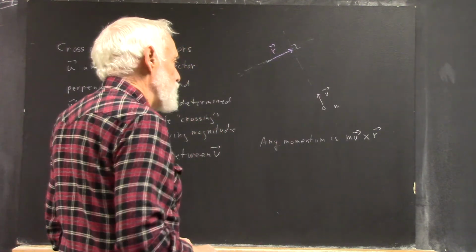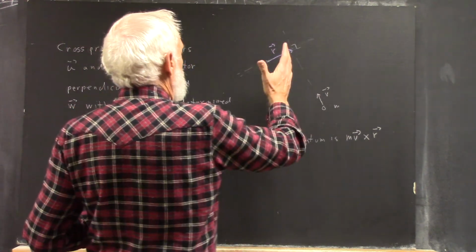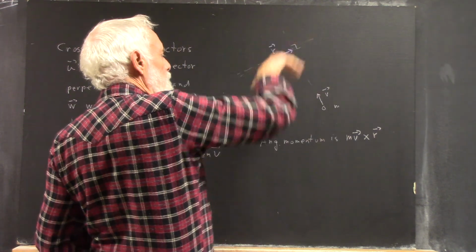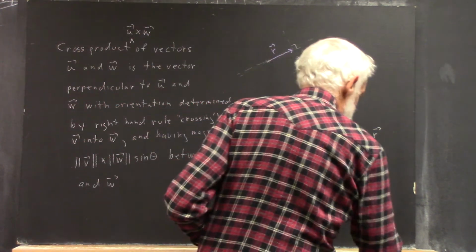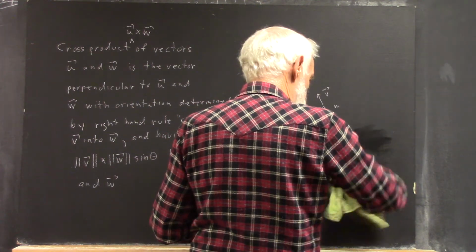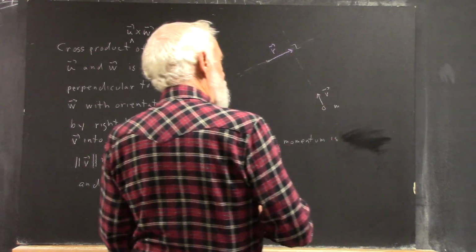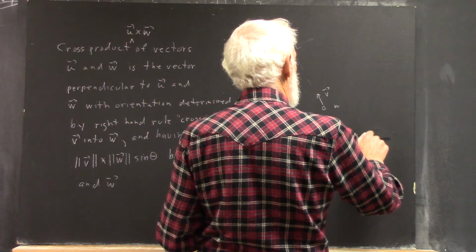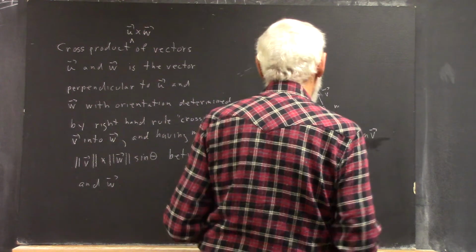MV is in this direction. Oh, no, the MV cross R would be like this. I'm not being careful with my visualization. It's R cross MV.